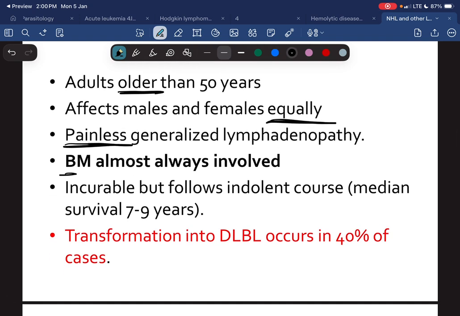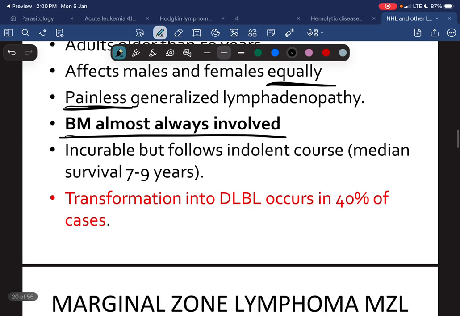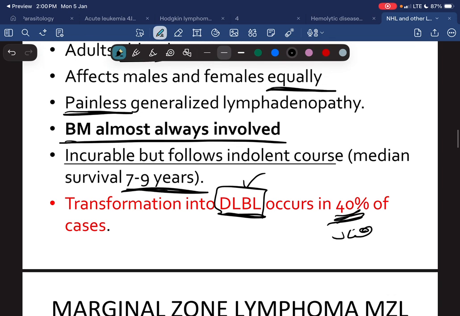The disease is low grade, however, it is incurable, and it has risk of transformation the same as CLL, to a more aggressive form, اللي هو diffuse large B-cell lymphoma, تقريبا more than CLL, up to 40% of cases of follicular lymphoma can transform to DLBL.